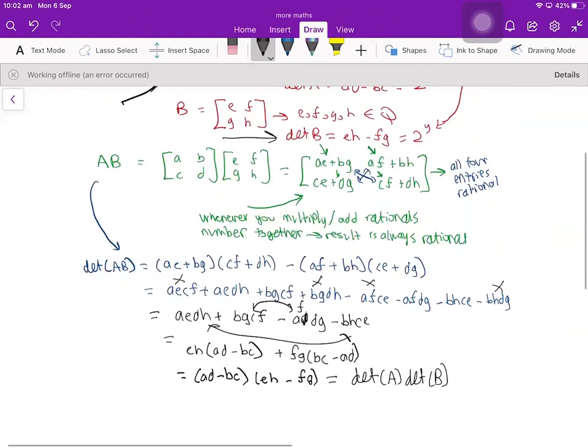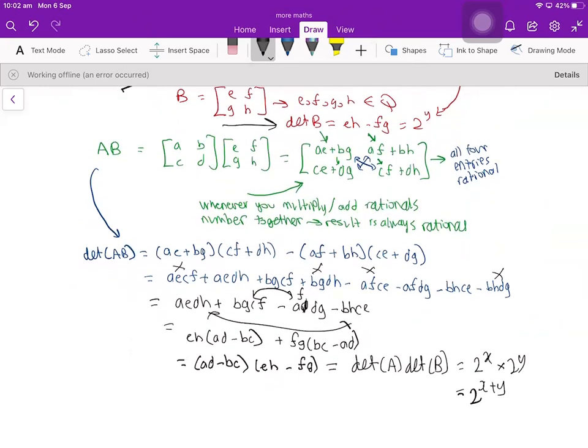And this means the determinant is 2 to the x times 2 to the y, which is 2 to the x plus y. And x plus y is an integer since x and y are integers. So the determinant of AB is of the form 2 to the n, where n is an integer.